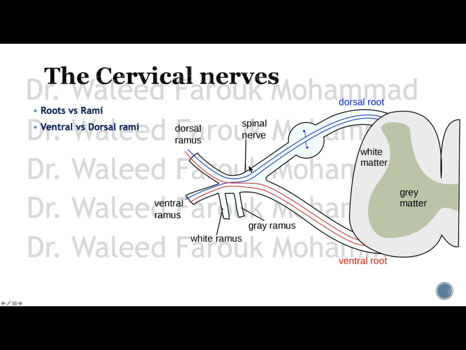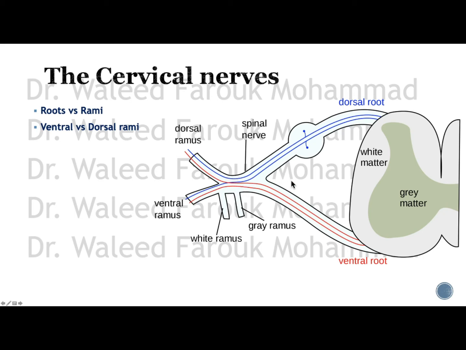Now, once it passes the intervertebral foramen and comes out, it divides into ventral ramus and dorsal ramus. So when we talk roots, we are inside the vertebral canal. When we talk rami, we are outside the vertebral canal. We are outside the vertebral column after the nerve emerged from the intervertebral foramen.